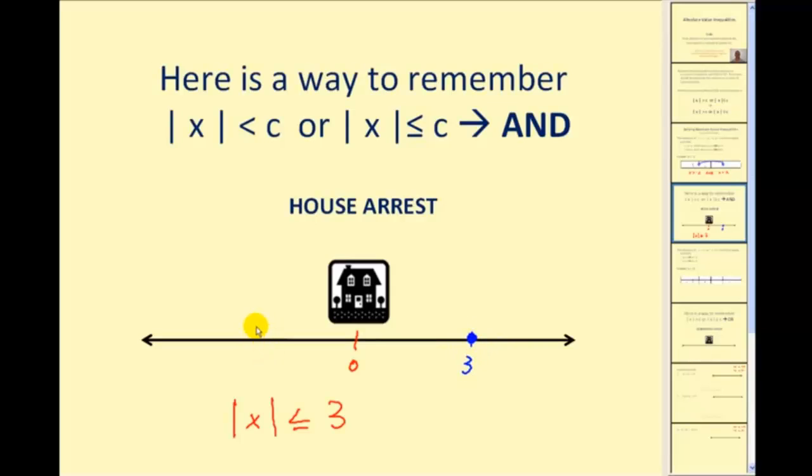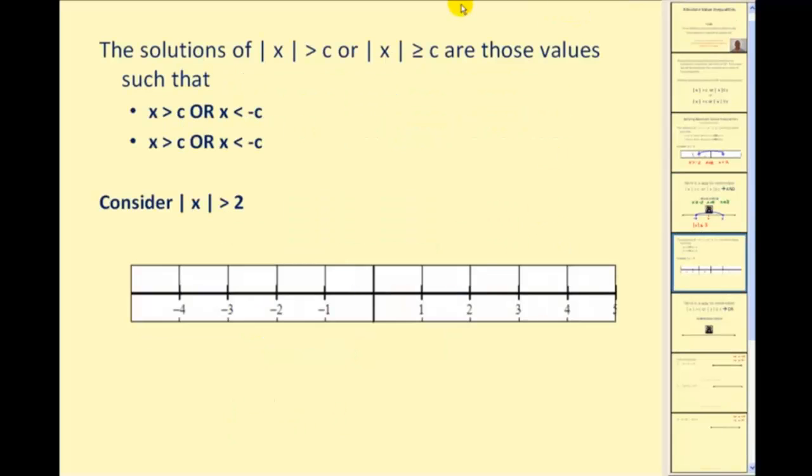They could also go to the left 3 blocks and then stay within a distance closer than these two, so it would look like this. Now using inequalities, we'd have to have two inequalities connected with and because it would be the intersection of x always being greater than or equal to negative 3 and also x being less than or equal to positive 3.